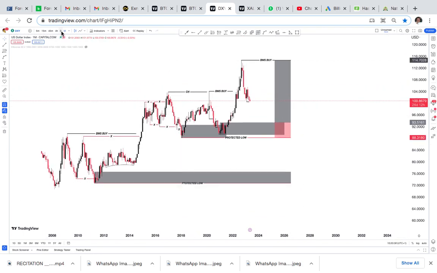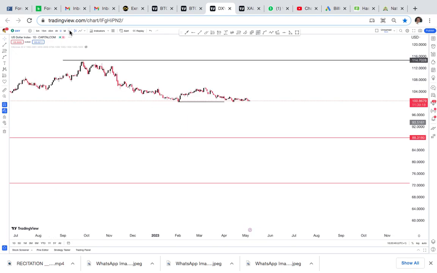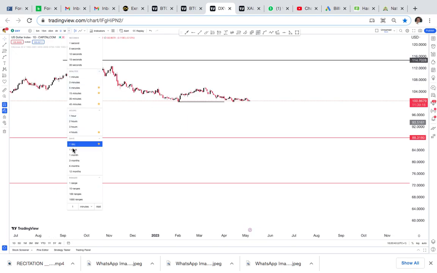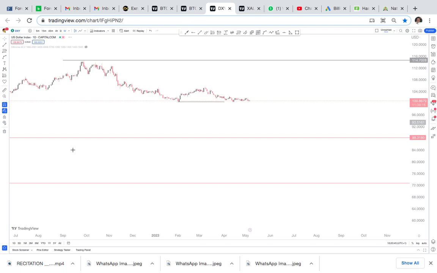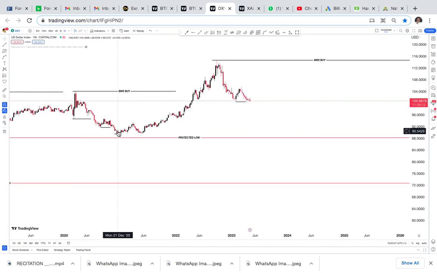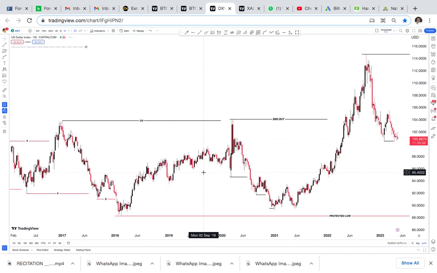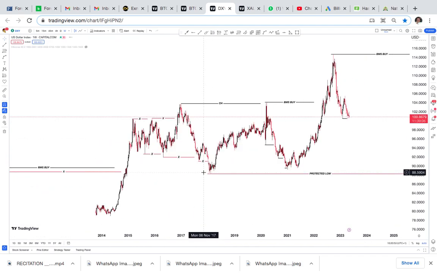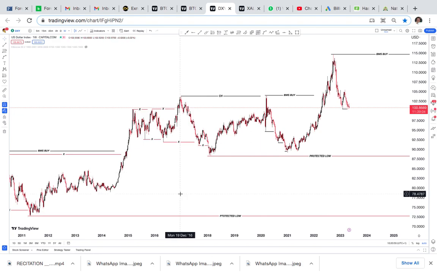So let's go down to weekly first, not daily. So everything is still intact.